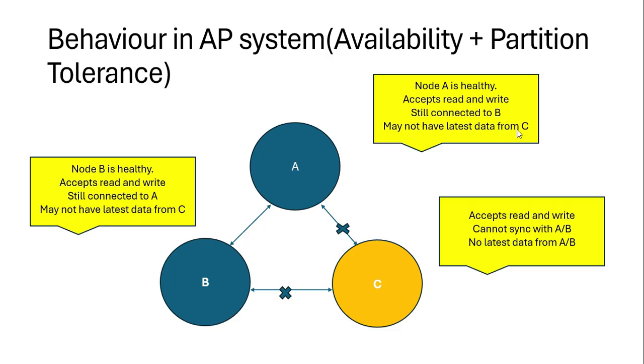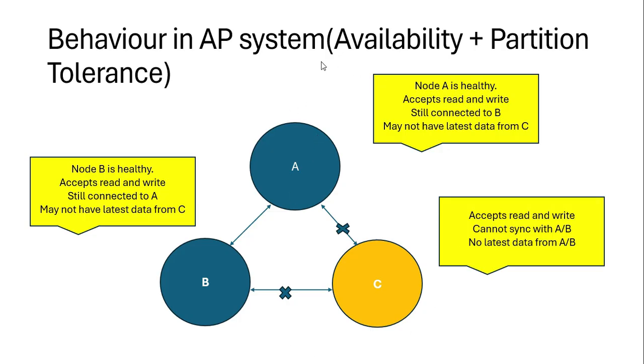A may not have the latest data from C. Similarly, B may not have the latest data from C. If A is accepting reads and writes and somebody makes a write entry here, C may not have that information. Overall, in this system, all three nodes are available for read and write.